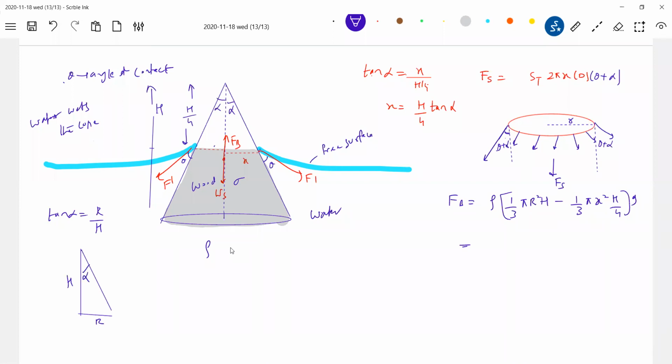Or again you should replace this one with tan alpha. We know x equal to h by 4 tan alpha. Fine, so you replace that. Then what about the weight of the solid? Weight of the solid should be density times pi r square h by 3. Okay, there's no problem with this. So again, we should replace r. Solve all this and you'll get the expression for surface tension.